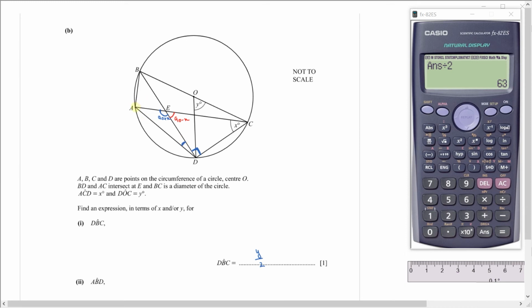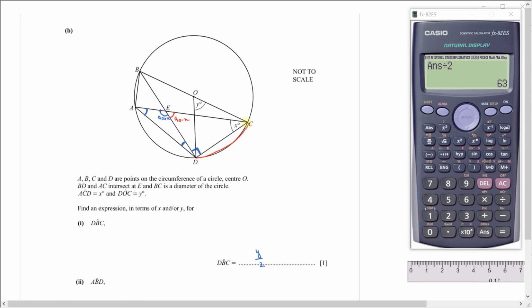And if I look at this triangle AED, I know this angle, I know this angle, and I can calculate this angle easily because this angle is subtended by this arc. So let me mark this in red.